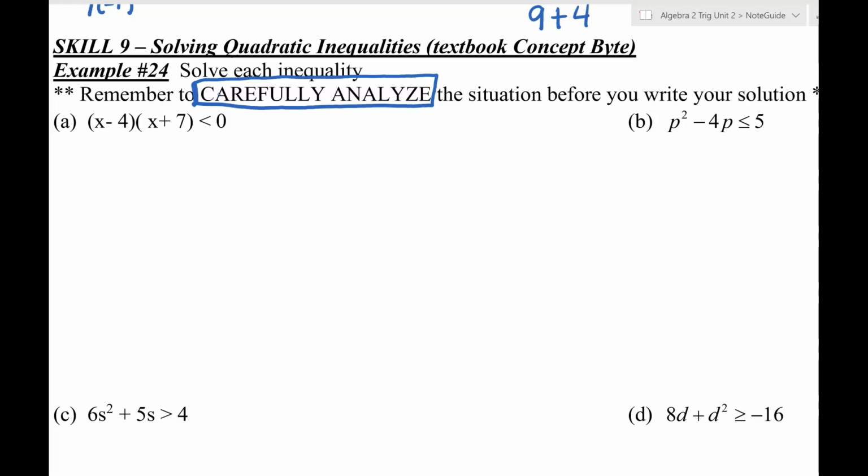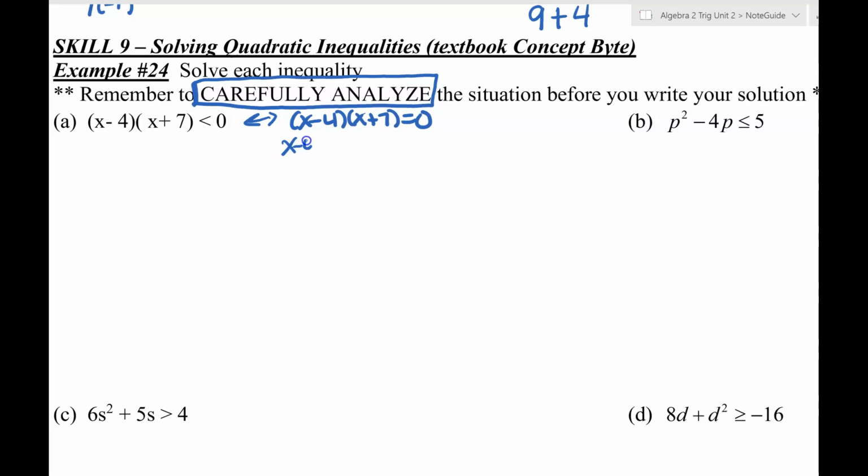So normally when you look at something like this, something that you could compare it to is the equation that you solved. And you know that to solve this, you set it equal to 0. So if we set x minus 4 times x plus 7 equal to 0, we know how to get the solutions because the zero product property says it's only going to happen if one of these things is equal to 0.